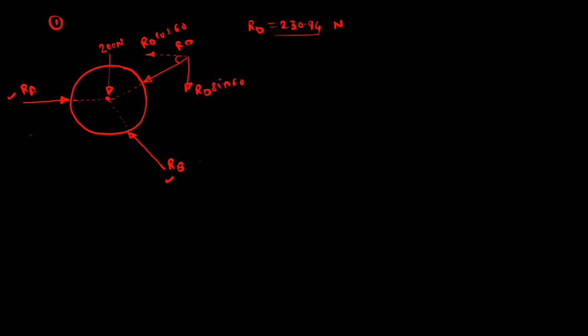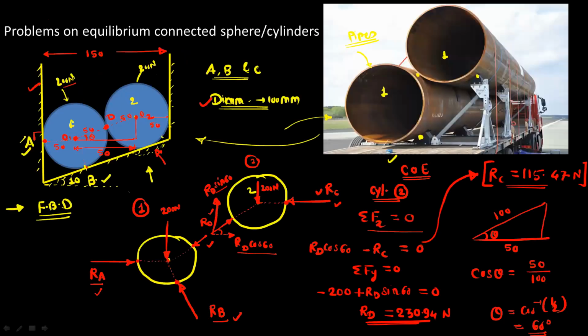We have to resolve the reaction Rb. If you refer to the given diagram, the angle is 10 degrees for this inclined surface and the reaction Rb is perpendicular to this inclined surface. So this is 90 degrees, this is 10 degrees. So the angle of reaction Rb with respect to the x-axis is 90 minus 10, that is equal to 80 degrees.